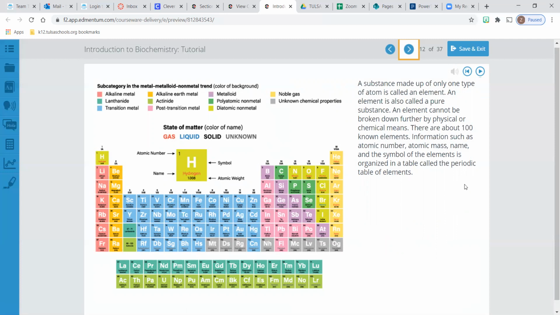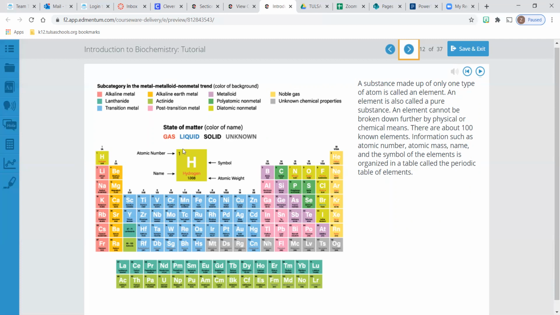And all types of information, such as atomic number, atomic mass, name, and the symbol of the elements, is ordered in this table known as the periodic table of elements. It's just a table of elements laid out in periods, and we'll get into why that's the way we refer to them later.